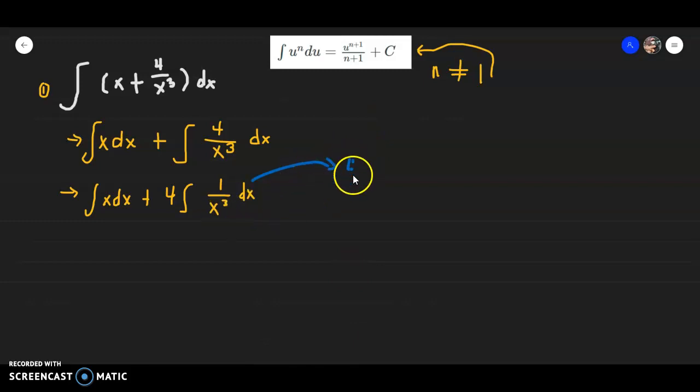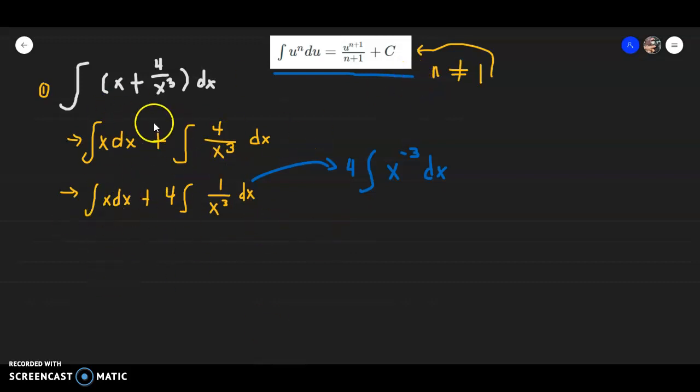So, 4 times the antiderivative of x raised to negative 3 dx. Tinaas lang natin yung x cubed, kaya yung power niya ay magiging negative 3. So we can apply this general power formula for this given item.